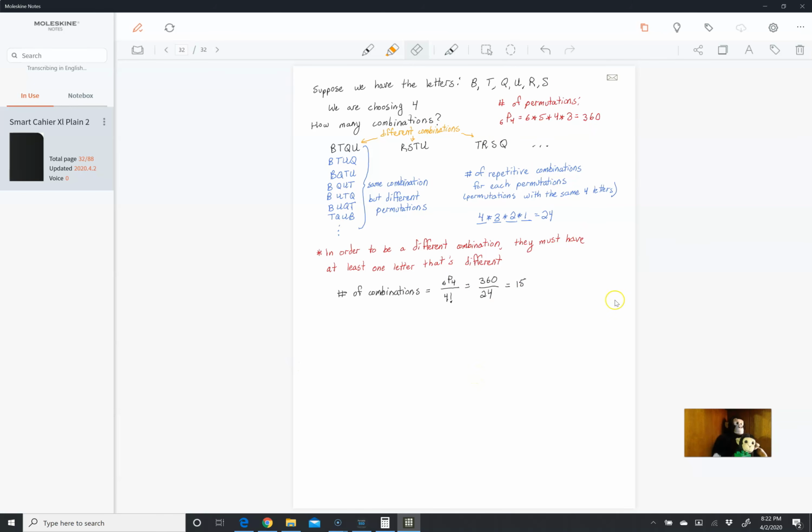So let's generalize this and come up with a general formula for the number of combinations. So the number of combinations, what we're saying is it's the number of permutations divided by the number of times each permutation repeats.